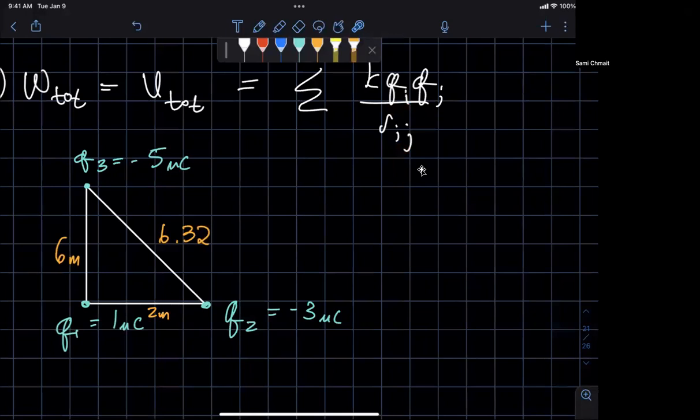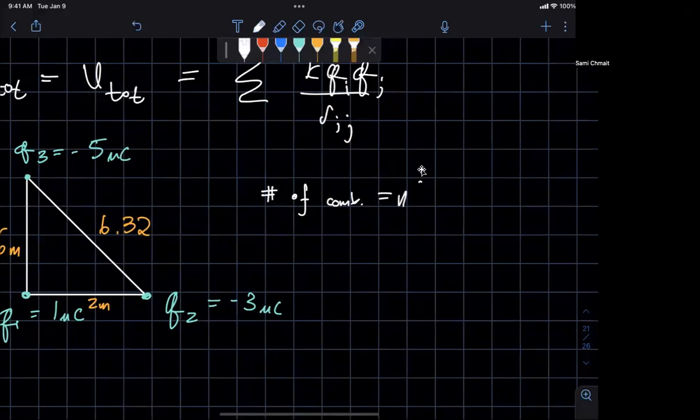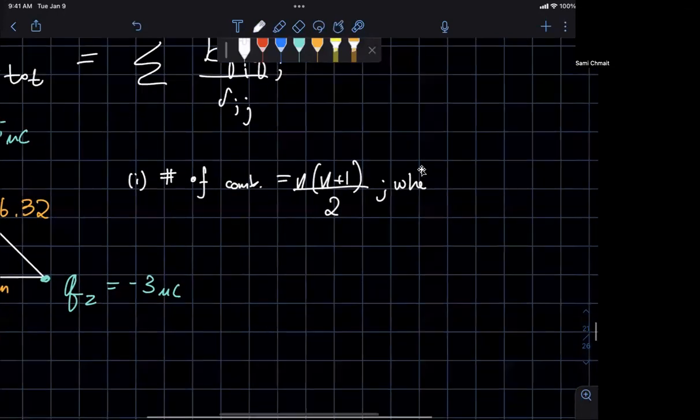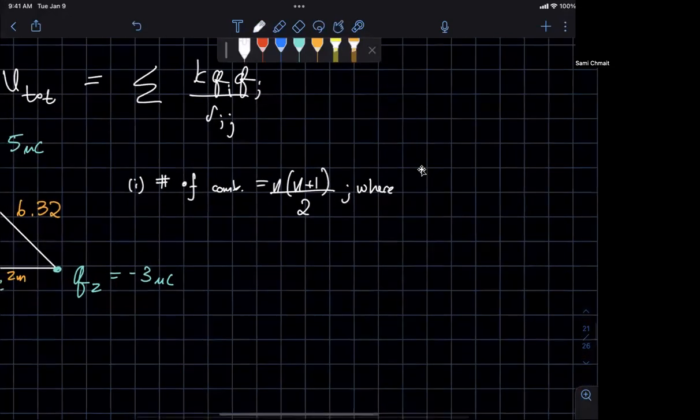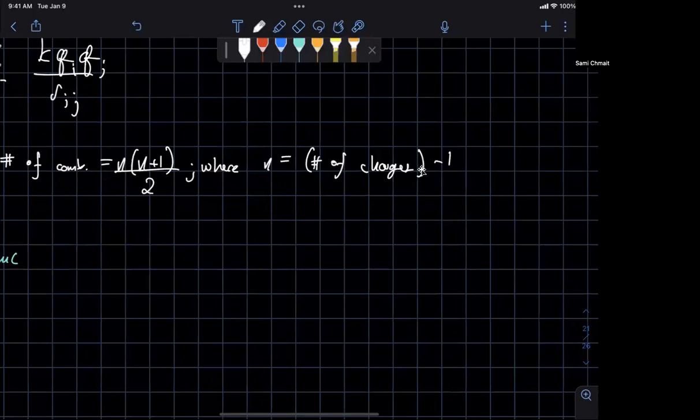So to calculate the number of combinations, I'm going to say the number of combinations is equal to n times n plus 1 divided by 2, and I'll call this part 1 of question B, where n is equal to the number of charges, and then subtract that by 1.